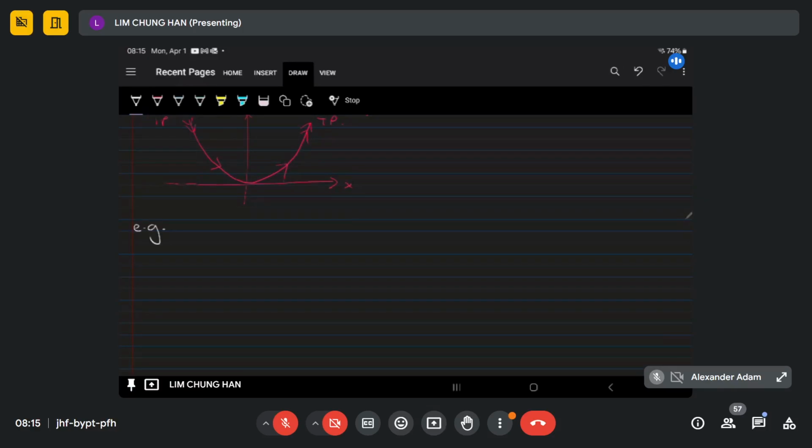So let's go through another example, a more realistic one. The previous one is a little bit simple. So x equals a cos theta, y equals a sine theta.